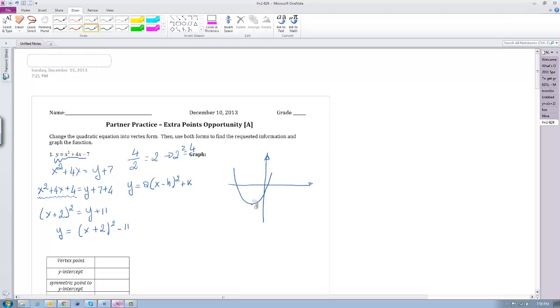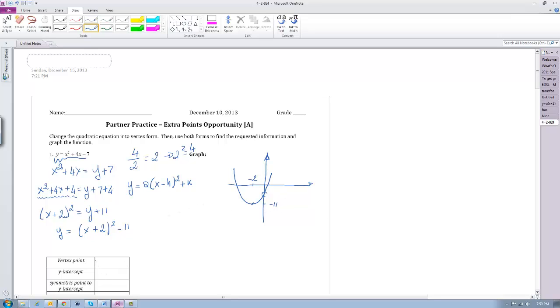This is our vertex, and this is minus 11, this is minus 2, and the y-intercept right here can be found very easily by inspecting the standard equation of the parabola and noticing that c is minus 7, and we know that that's our y-intercept.